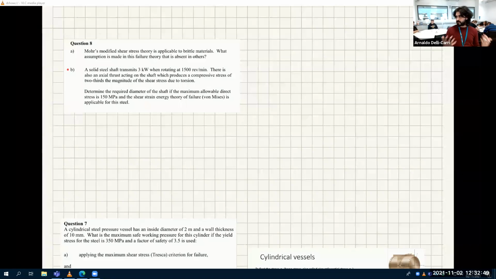If you want to be more consistent with a real design, you would take a factor of safety of 2.2, more or less, so you can account for dynamic loading, imperfections, and all these other things that you have not accounted for. So remind me, please, what is the equation of power? Yes, rate of work is the torque times the angular velocity.